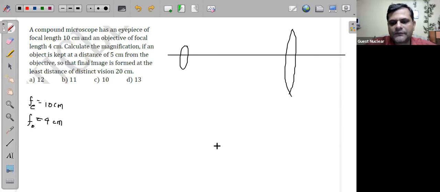Once again, we have the formula for the magnifying power of this compound microscope to be simply the product of the magnification produced by the objective multiplied by the magnifying power of the eyepiece. The magnification produced by the objective is VO upon UO, no doubt, but the magnifying power of the eyepiece has two cases, and one of which is 1 plus D upon FE.